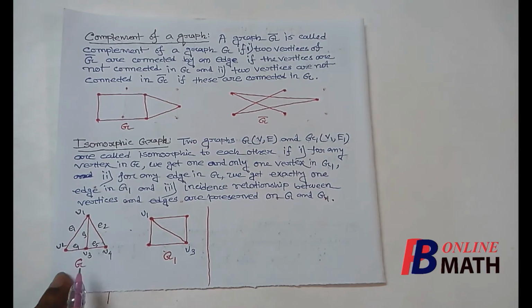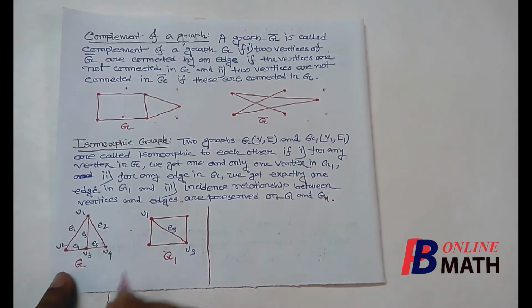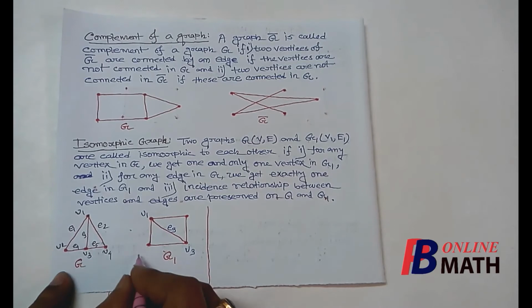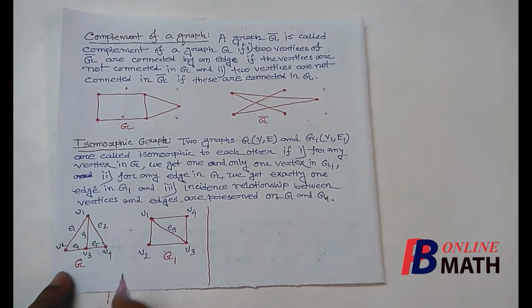Before that, in G the edge which connects V1 and V3 is denoted by E3. So this edge must be denoted by E3. Next, since only two vertices are remaining, suppose we denote one by V2 and the other by V4.